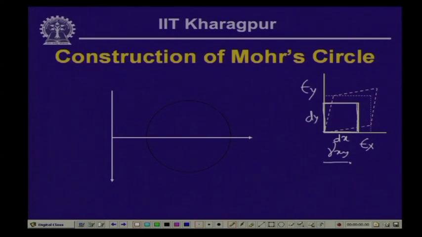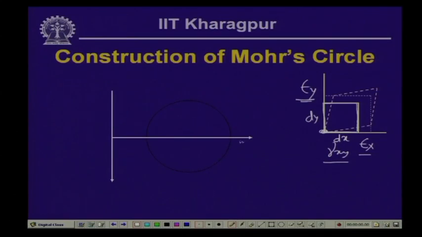Now, if we know these components, our job will be to evaluate the maximum normal strains, the maximum shearing strain and their orientation, and also the strains at any orientation. Say, for example, if we have a set of rectangular axes oriented at an angle of theta with reference to the x and y axes, the values of the strain corresponding to that orientation can also be evaluated through the Mohr circle.